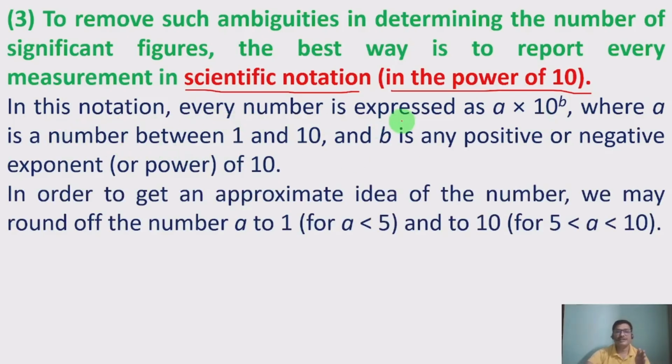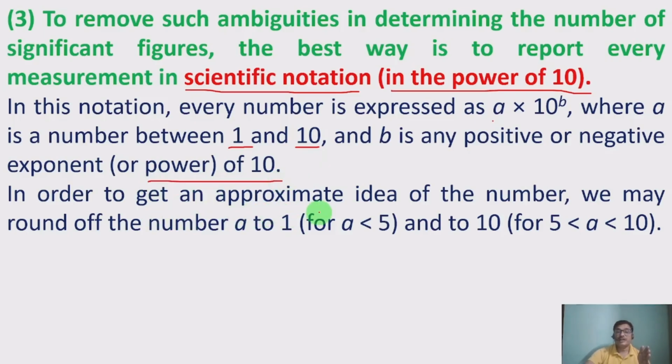In this notation, every number is expressed as a times 10 raised to b, where a is a number between 1 and 10 and b is any positive or negative exponent of 10.